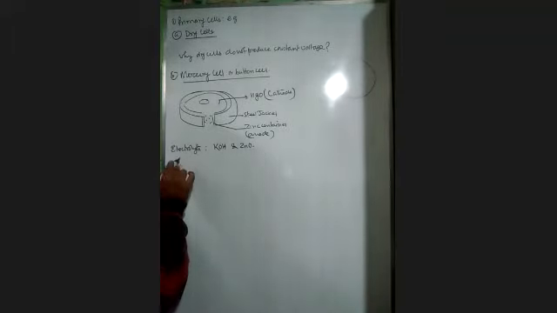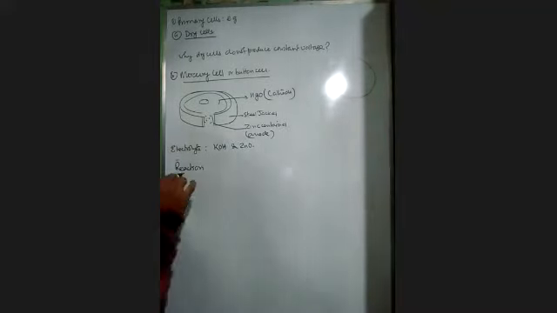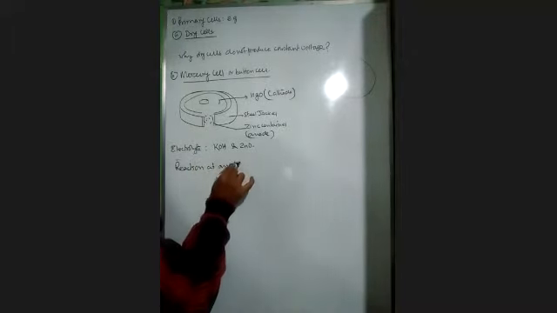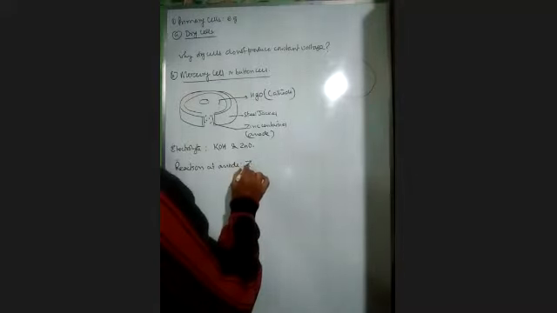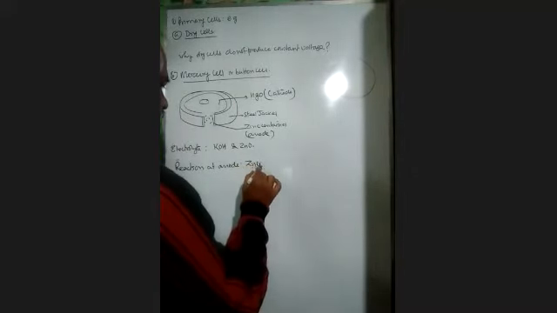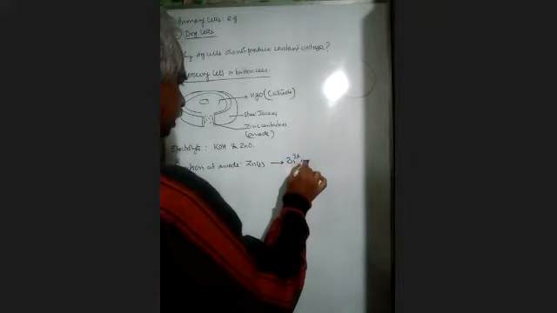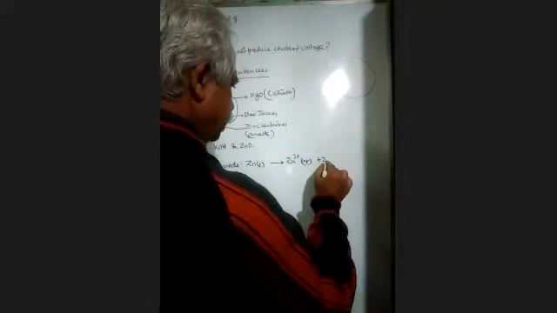So I'll write it now. Reaction at anode. But this reaction you will not write now. It's a wrong reaction. I'll explain to you, then I make it short. Reaction at anode. So this one you will write separately. See, zinc(s) will give you Zn2+(aq), because a paste is being used, and 2 electrons.